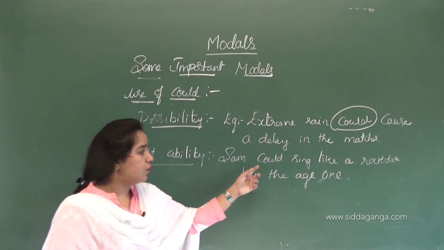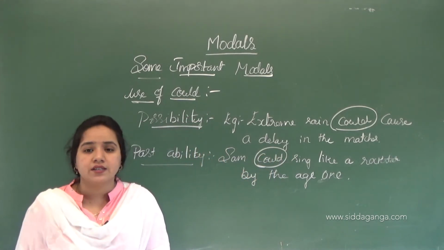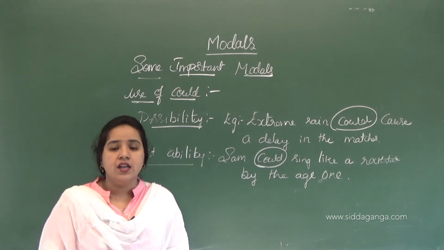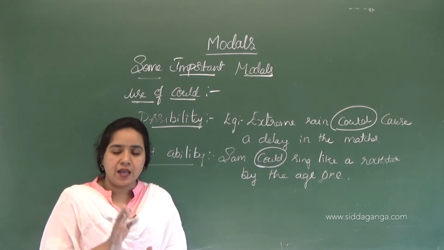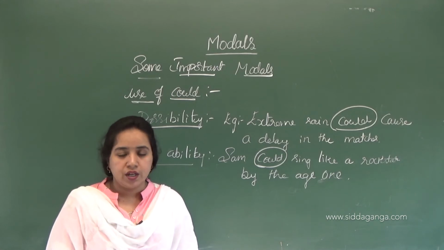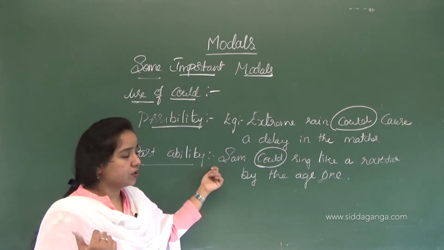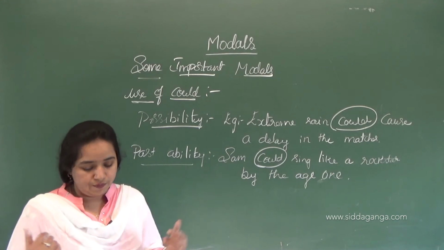In that case we use could. It tells about one's past ability, not present ability. If it is one's present ability, you should use can, not could. So for past ability, you should use could, the modal auxiliary verb.